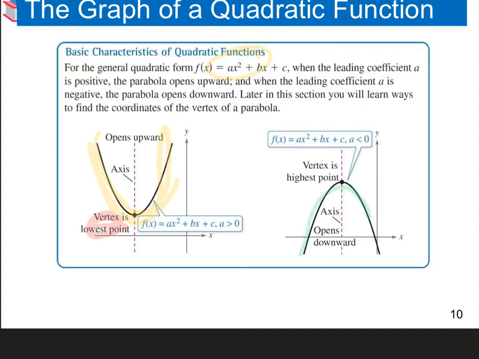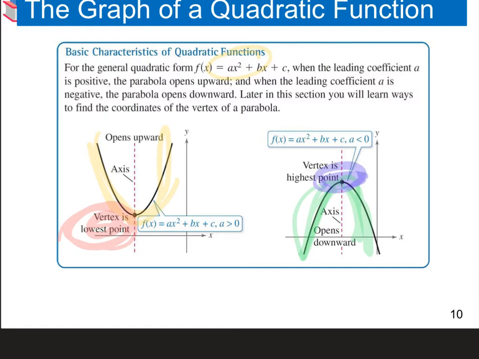If you have a negative parabola, your vertex will be the highest point. Everyone see that? If you have a positive parabola that's opening upwards, your vertex will always be the lowest point on that parabola. If you have a negative parabola that's opening downwards, the vertex will be the highest point.